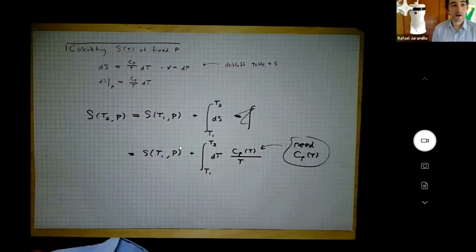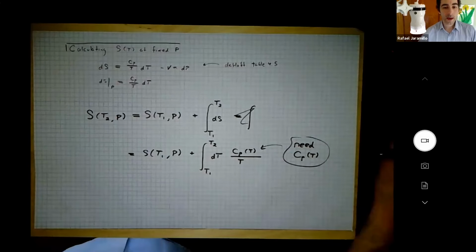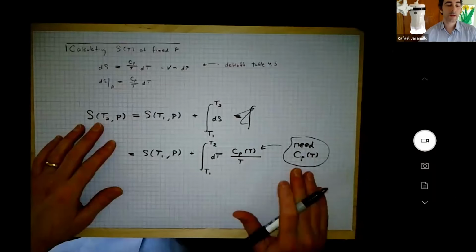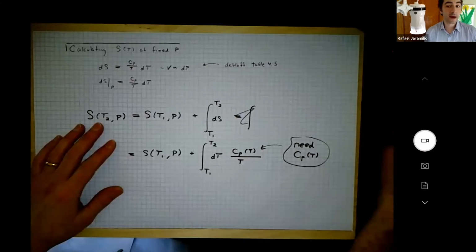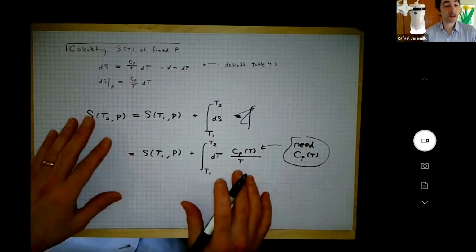So again, we see for both enthalpy and entropy, the key to calculating these things for varying temperature is knowing the heat capacity function or the heat capacity data. So we're going to use these expressions so much in this class.